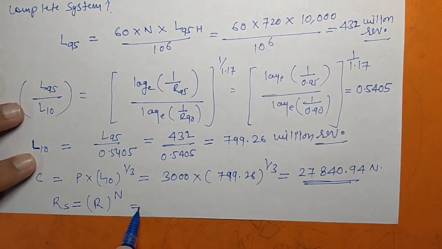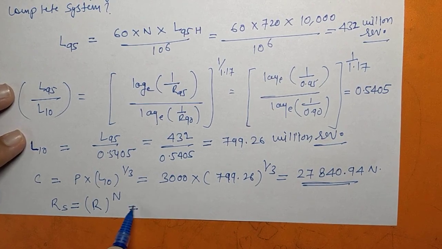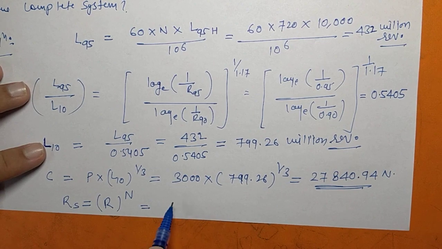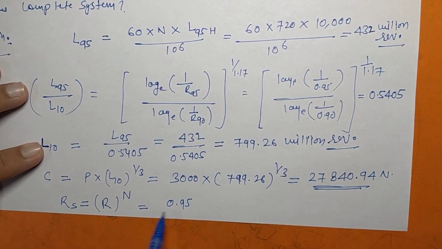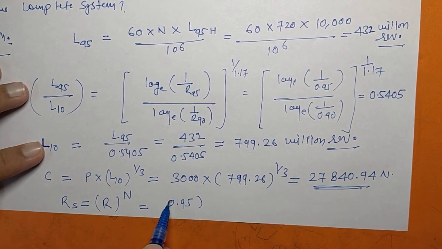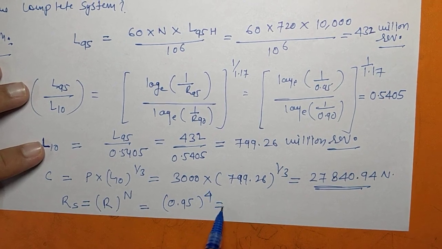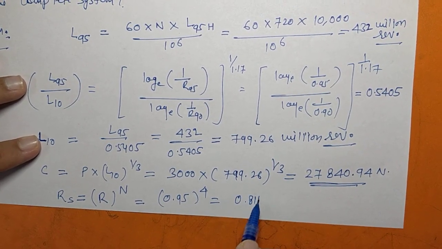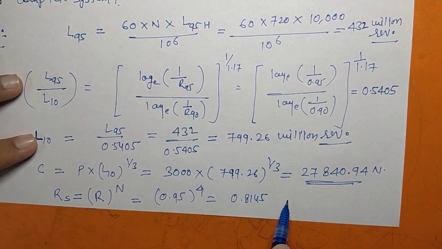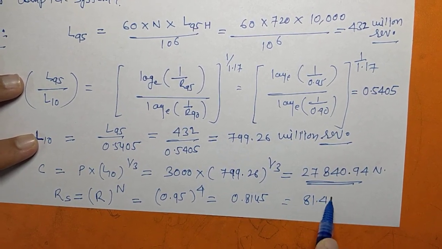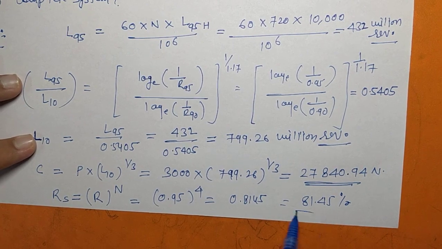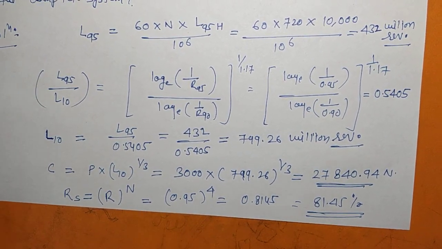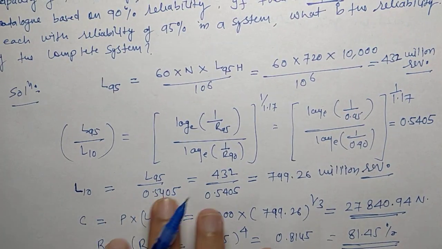So RS, R is given as 95%, so 0.95 raised to power 4. This becomes 0.8145, meaning 81.45%. So this is the system reliability, and this is how we can solve this particular problem.